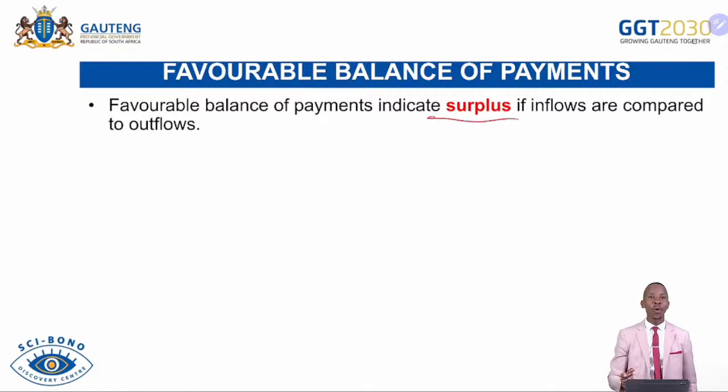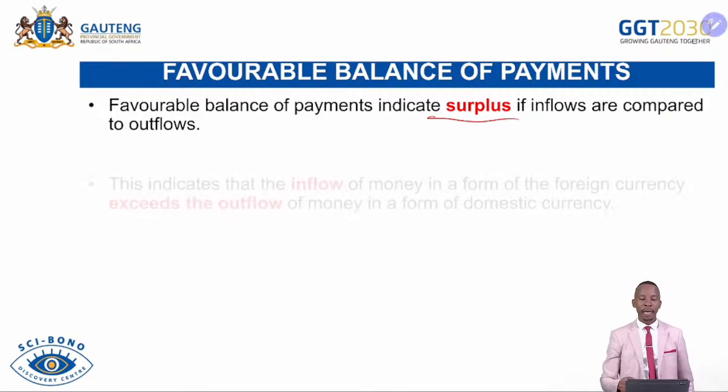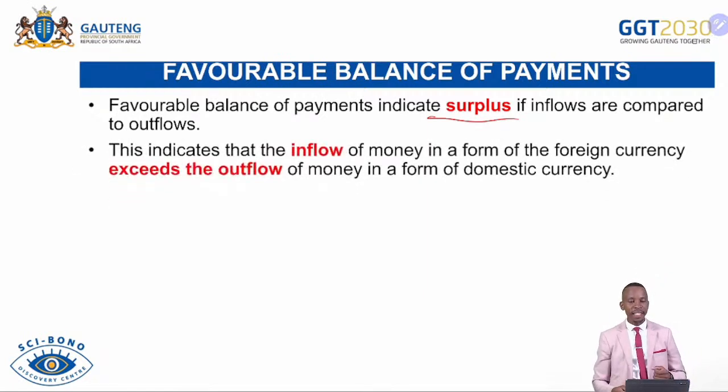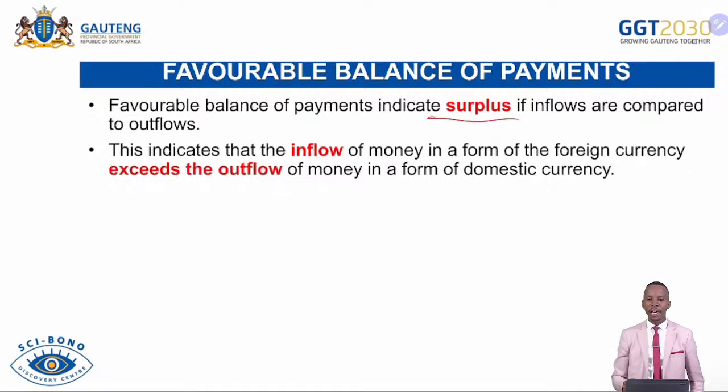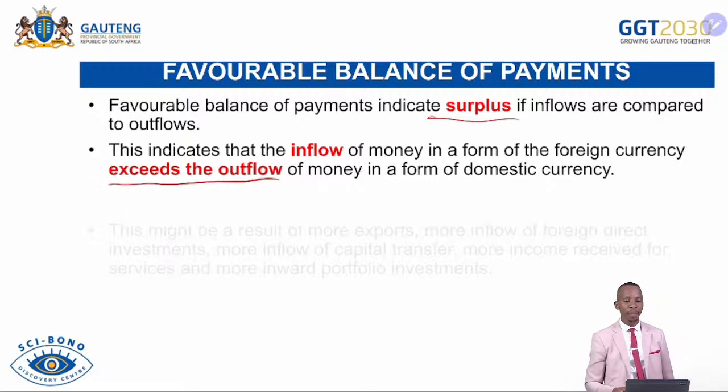That means inflows are more than the outflows. We received more money in foreign currency than we paid out in South African currency. This indicates that the inflow of money in the form of foreign currency exceeds the outflow of money. That will give us the surplus on the balance of payment.